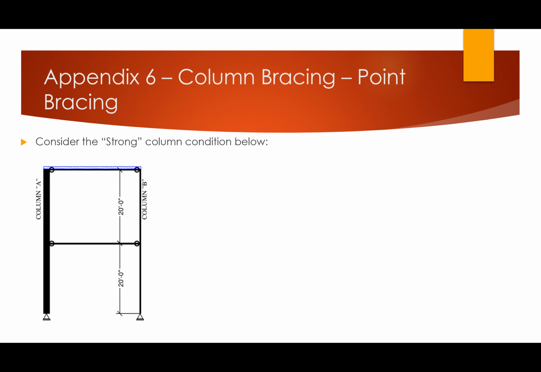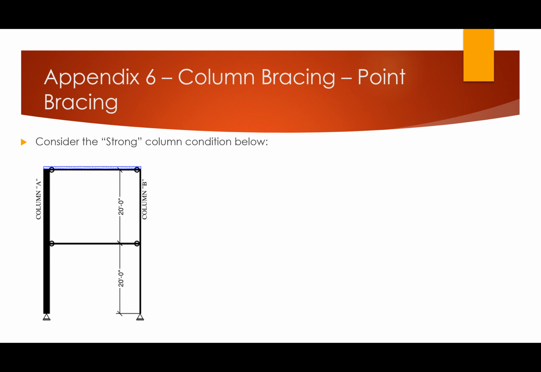It's got plenty of axial capacity, it's got plenty of flexural capacity, it's very, very stiff, etc. So column A and then column B is unchanged, like we have. Well, what are the unbraced lengths of column A and column B in this location? So I'll give you guys just a second to think about this.